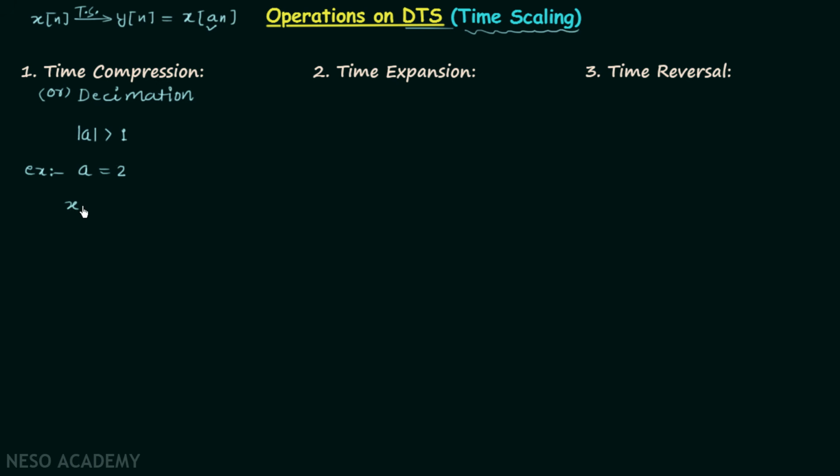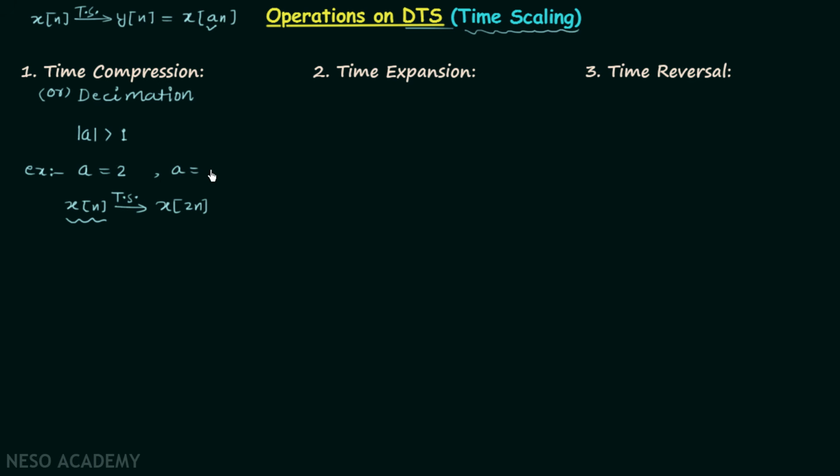This means if we have a discrete time signal x[n] and we perform the time scaling, and after performing the time scaling we have x[2n], with 2 in place of a, then this particular signal will be the compressed form of this signal. When you compare the waveforms of the two signals, you will find this signal has a waveform which is compressed as compared to the other.